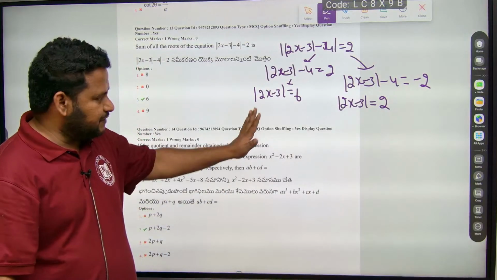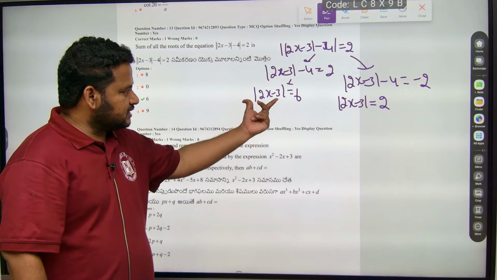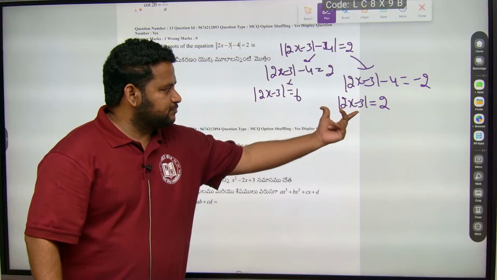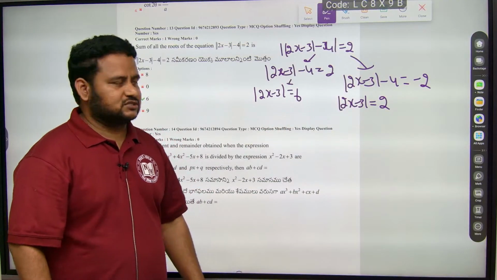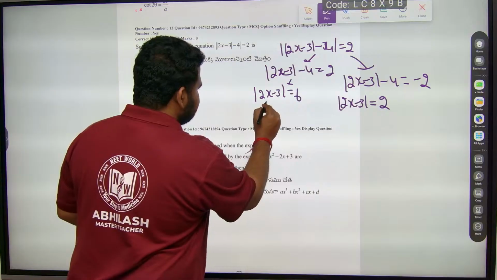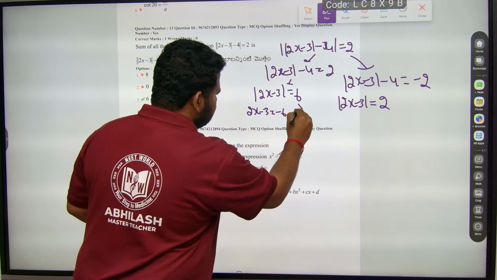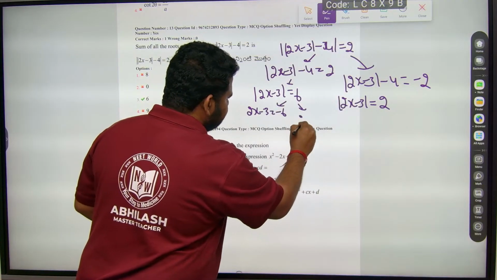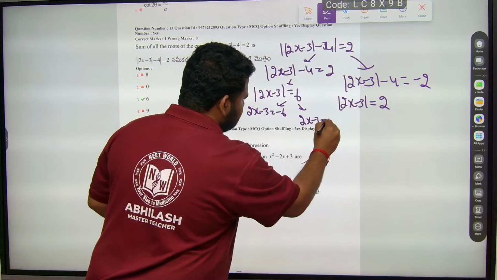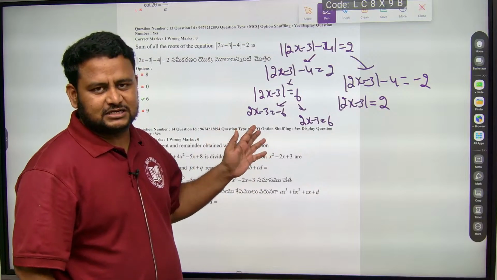Now again have a look at this. If I remove this modulus, each will give me two more cases. Removing the modulus from the first, I get 2x minus 3 equal to minus 6, which is one case, and the other case is 2x minus 3 equal to plus 6. Modulus removal gives plus and minus.